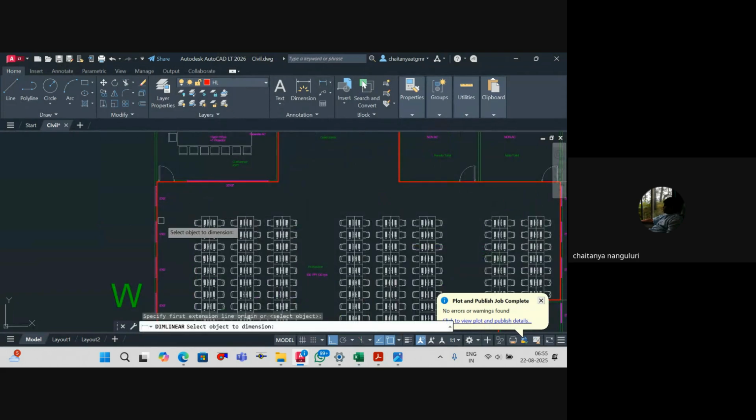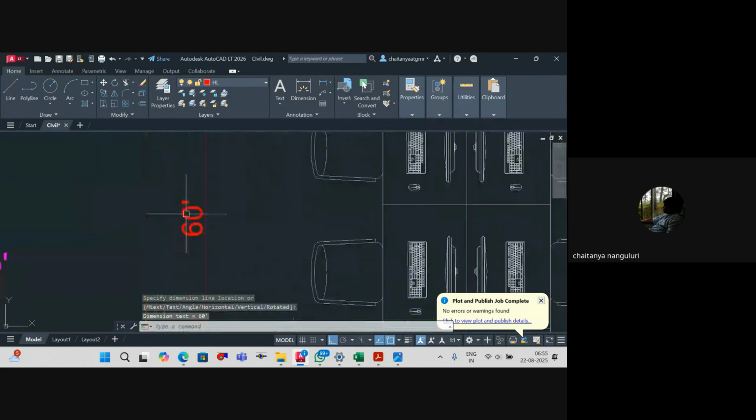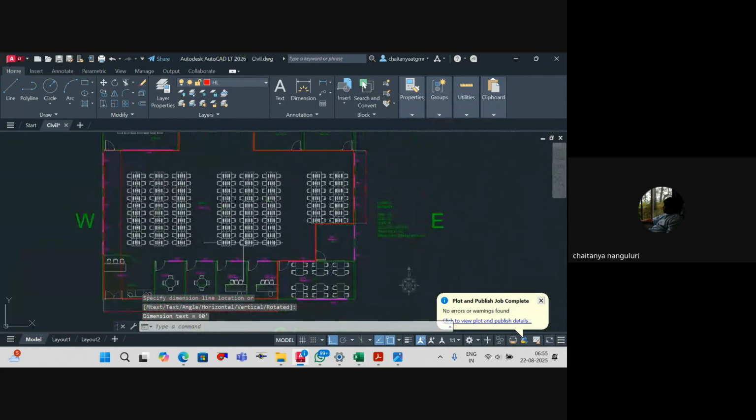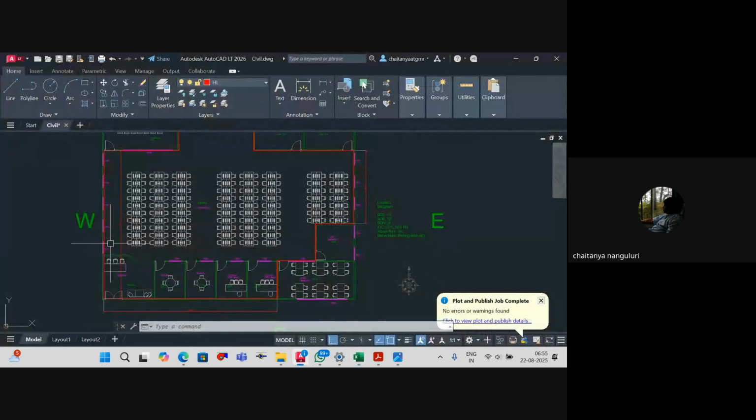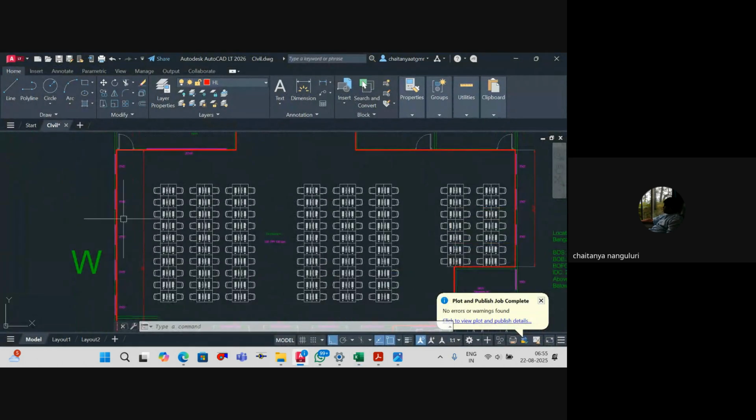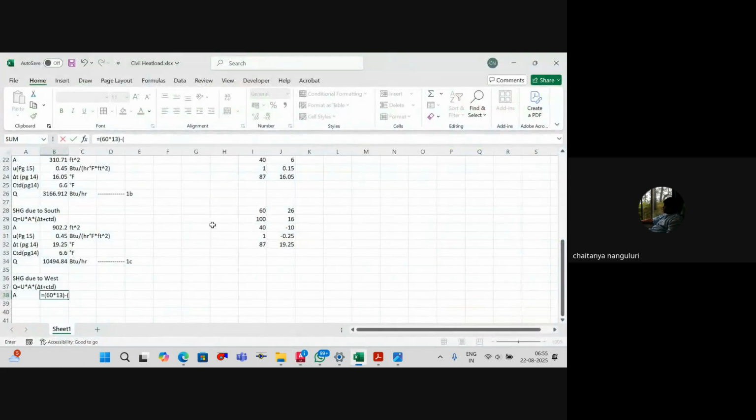So this is your total length, which is 60 feet. 60 into 13 minus the window area. How many windows are there? 5 into 5, 1, 2, 3, 4, 5. So I can take it as 5 into 25 again. Yes, 655 square feet. Right.